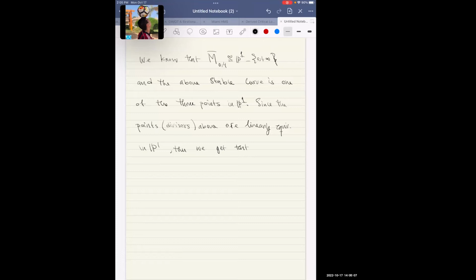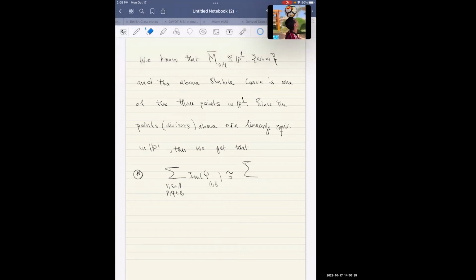the fibers are also divisors, so I call this a star, the fiber over R S in A and P Q in B of the image of phi A B is going to be linearly, okay, so this is a bad notation. Yeah, this way.